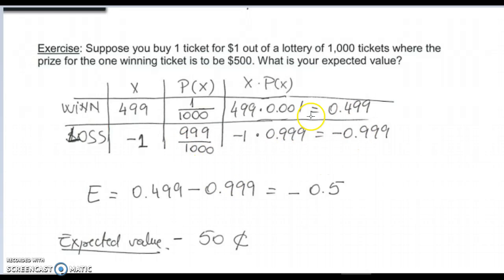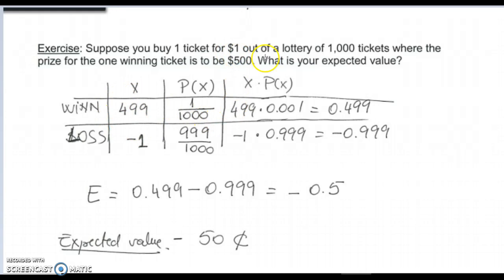Subtract that from the first number. So what I did here was I said, first of all, if I win, so I spent $1, but I won $500. So technically I've won $499 because I have to subtract off the cost of the ticket. So $499 is my winnings.